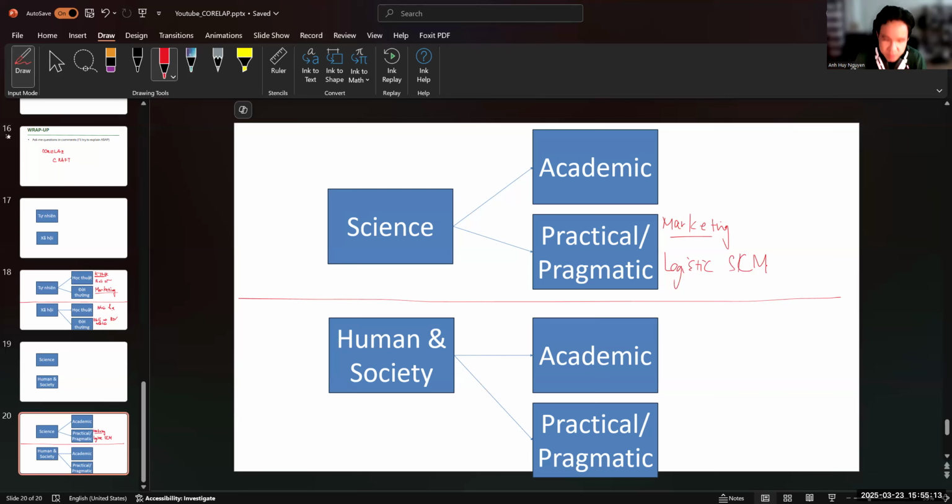Now, let's move to one example about science and academic. It's about, how do I say? Wait a minute. Aerospace engineering.